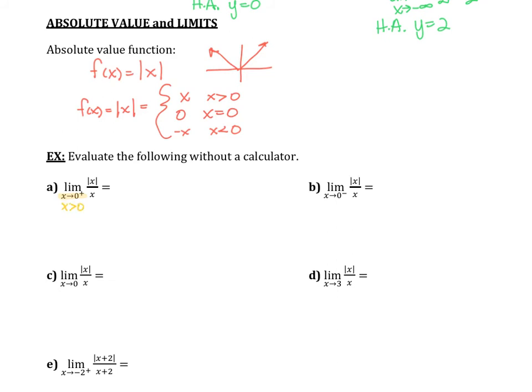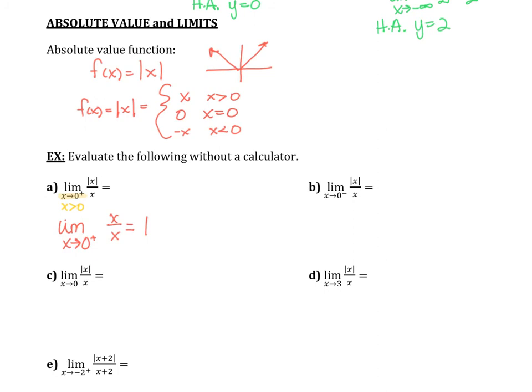And if x is greater than 0, I can replace the absolute value of x with just the function x. So this problem, in fact, becomes the limit as x approaches 0 from the right of x over x, which equals 1.